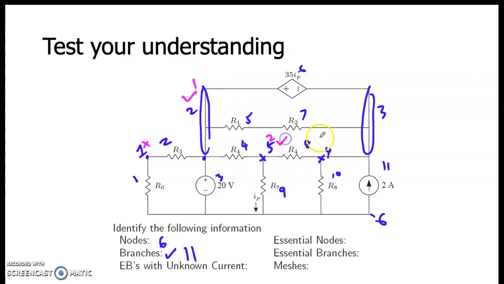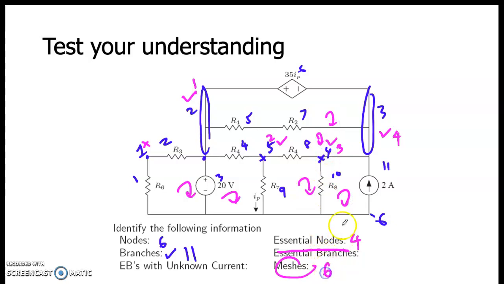So this is essential node number 2, this is number 3, and this one is number 4. So we have 4 essential nodes here, and you can ignore this one. So what is a mesh? A mesh is a loop. We have 1, 2, 3, 4, 5, 6. 6 loops means 6 meshes.